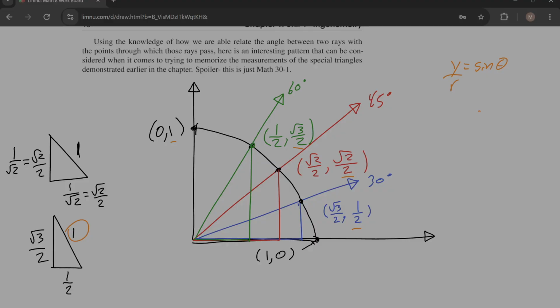Our x value matches with cosine, right? Remember, our radius is just 1, so we can ignore that. Dividing by 1, it's trivial. I start at full, 3, 2, 1, empty. That I find to be a really helpful way to remember this.